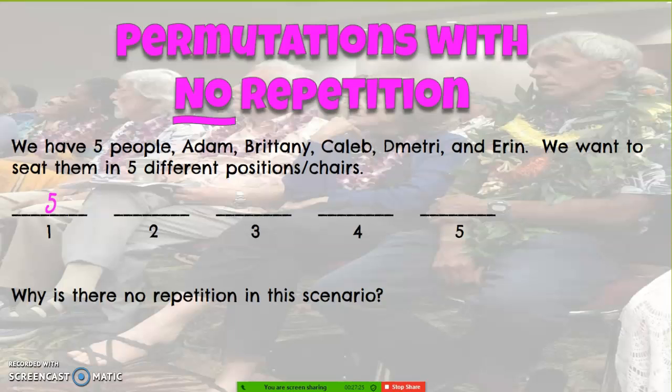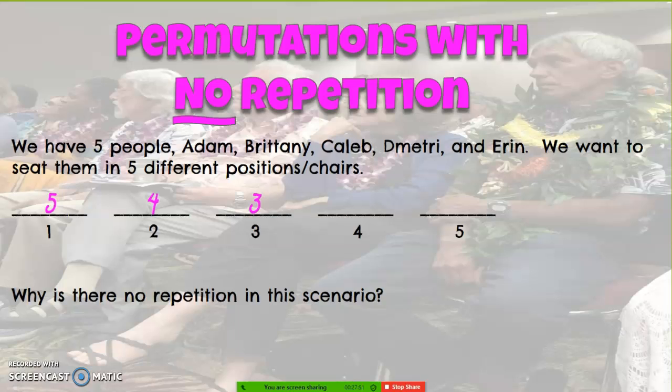In the first case, there are 5 different people that could sit in that first seat. Now we're going to choose one and put them in that first seat. What's left over? We have 4 people left over. Any of those 4 people could sit in the second seat. Once we've chosen that person, we still have 3 left over, so we have 3 possible choices for the third seat.